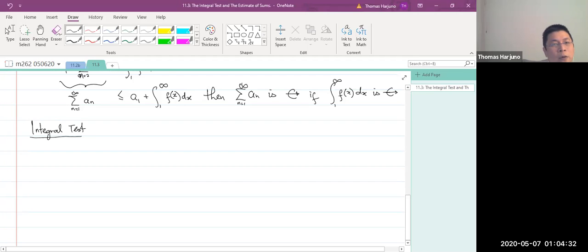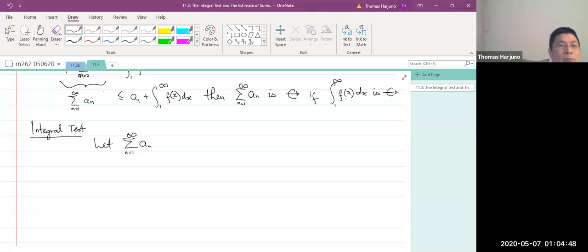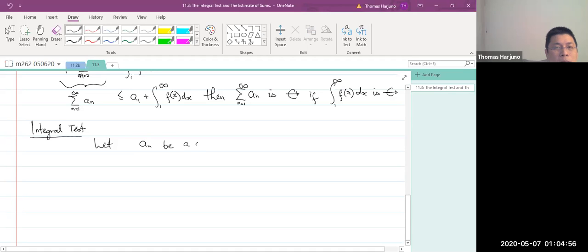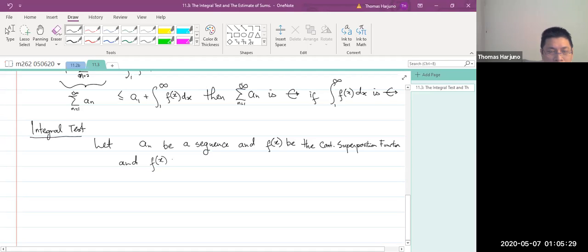Now, the integral test says the following. Let the series a sub n from n equals 1... no. Let a sub n be a sequence and f(x) be the continuous superposition function, and that f(x) is positive.